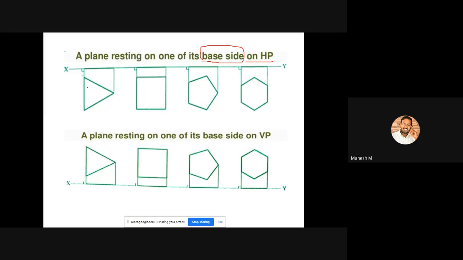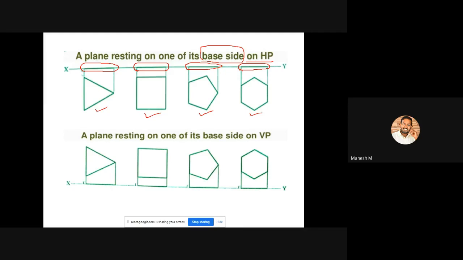In that case you will have the plane in the top view like this. The front view will be on HP. That means you can create a horizontal line exactly on the reference line. So here also the horizontal line is created exactly on this reference line. Once they say one of its base side on HP, you can create the front view exactly on the reference line.